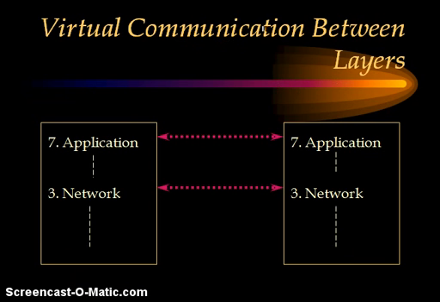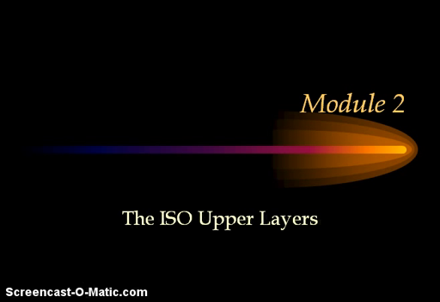This is what we call virtual communication between layers. The pink dotted line shows the virtual communication between network and applications, or rather between 2 different protocol suites on different nodes. That was all about module 1, and let's explore the ISO upper layers in module 2.